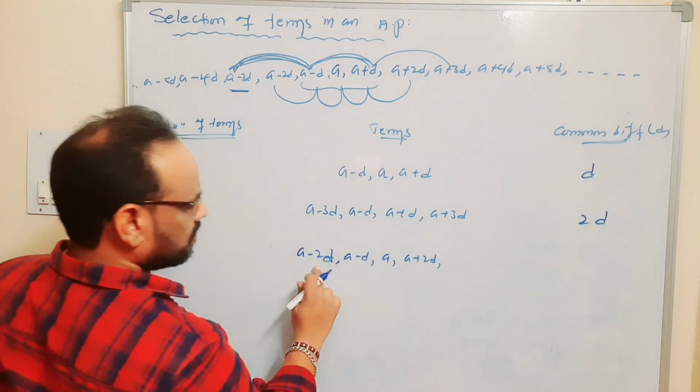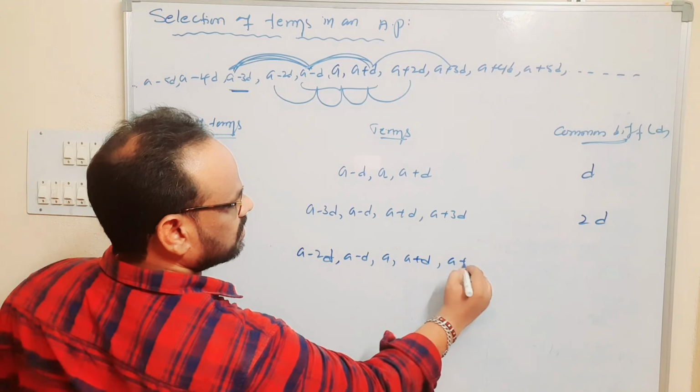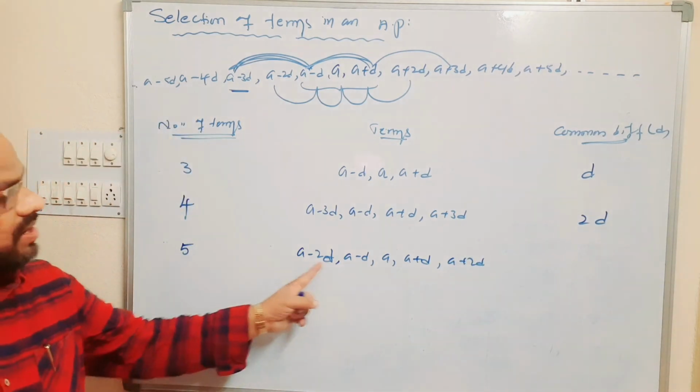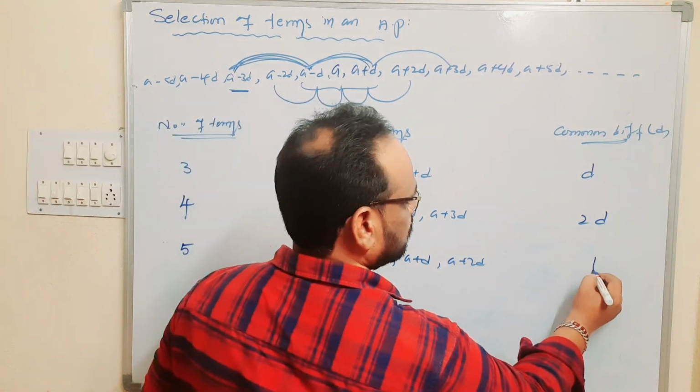So this is a plus d, this is a plus 2d, here 1, 2, 3, 4, 5. The common difference here, how much? The common difference is d.